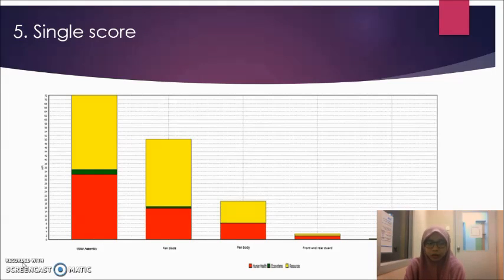And then after that, we proceed with the single score. Single score consists of five main components, which are motor assembly, fan blade, fan body, front and rear guard, and also the switch panel. The highest resource is the motor assembly, which contributes around 75%.